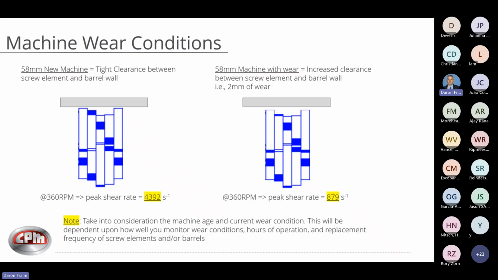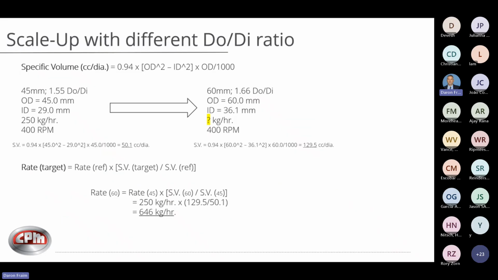But again, all this hinges on what is the age of the machine. How often do you change these barrel elements? How often do you take measurements to assess the wear? Just be mindful of how this peak shear rate changes and can be quite different depending on wear conditions. So that's just another factor to look into.